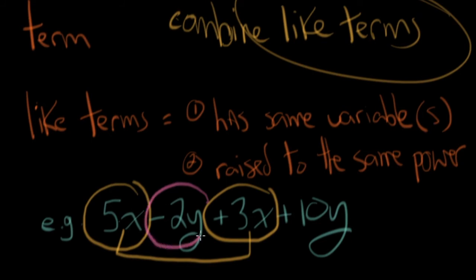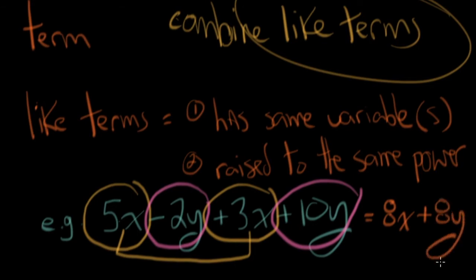So if I had to go and combine them, let's take a look. What's 5 x's and another 3 x's? What would that be? How many x's would there be? Well, there would be 8 x's. And let's say you had negative 2y and you had another positive 10y. How many y's would you have?